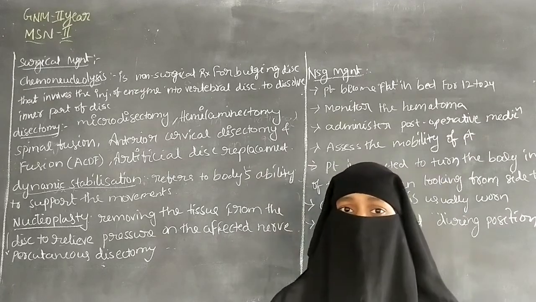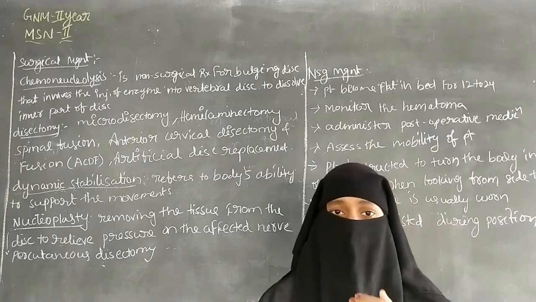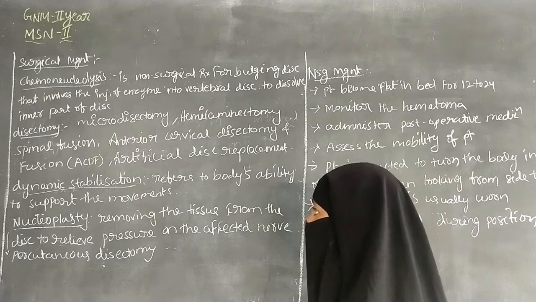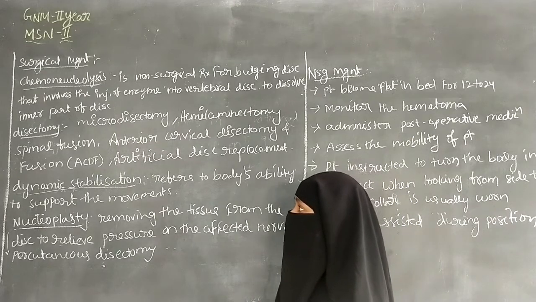After the removal of the herniated disc, metal or plastic devices can be used to support the affected spinal cord. So artificial disc replacement means removal of the herniated disc and placing devices, plastic devices or metals, to replace the vertebrae in the spinal cord.